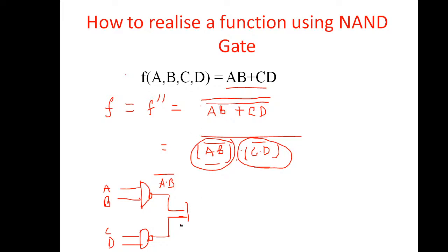So this term will be C dot D bar, right? You are sending this A dot B bar and C dot D bar as the input of the NAND gate, and you are sending the output as the final output, right? I am not writing it again.